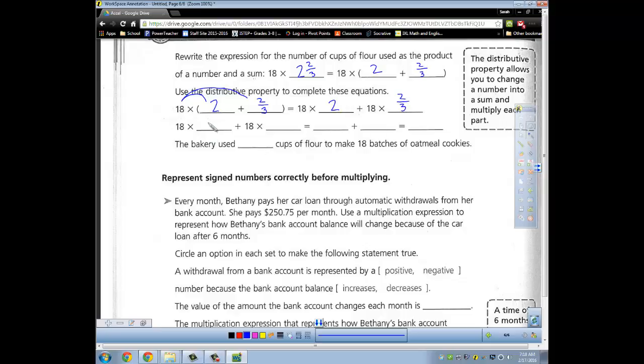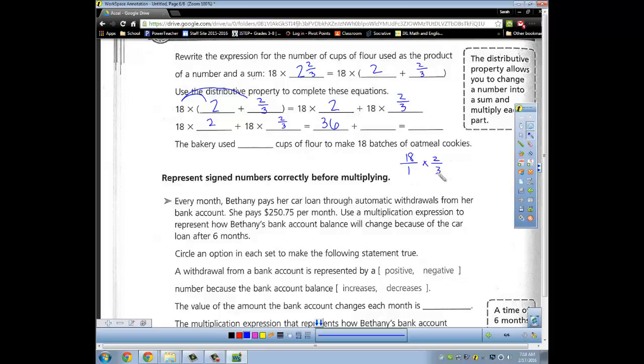So on the next line, they want me to rewrite it, 18 times 2 plus 18 times 2/3. Well, 18 times 2 is 36. Then I have 18 times 2/3, so 18 over 1 times 2/3.